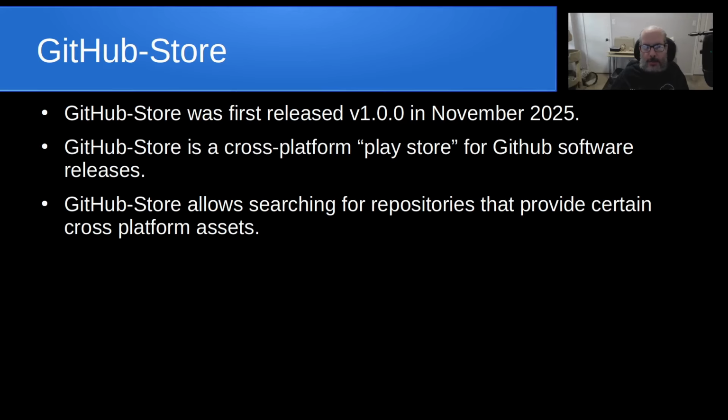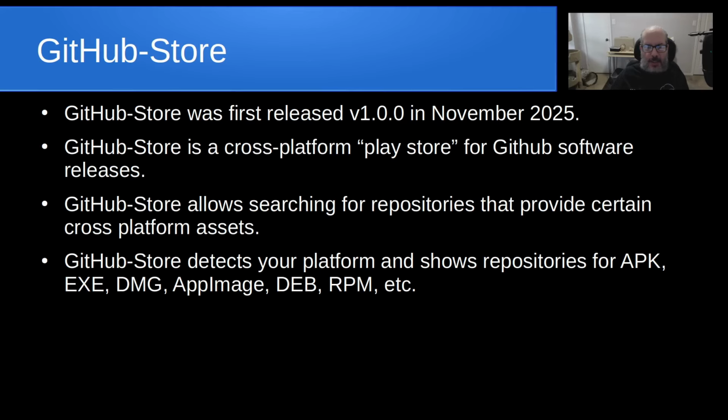I know that's a little bit vague, but basically the GitHub-Store will detect the platform it is loaded on, and it will show you repositories either for APK, which of course are the Android repositories, EXE, which of course are for Windows, DMG, which is for macOS, and then Linux AppImages, Linux deb images, Linux RPM images, and so on down the route.